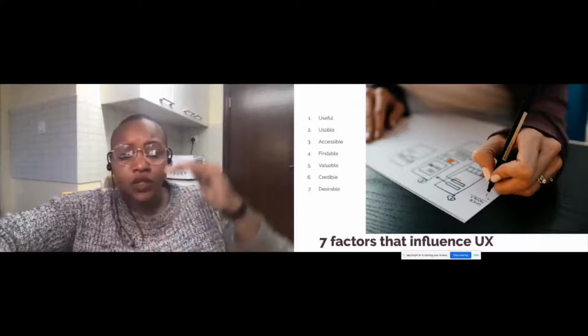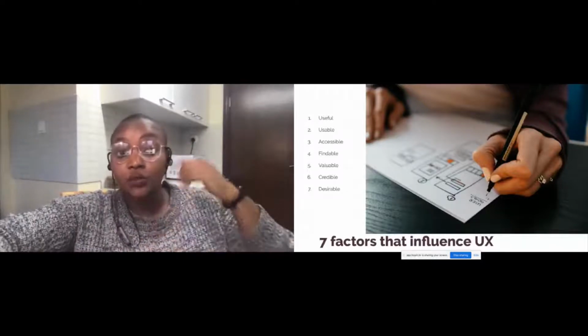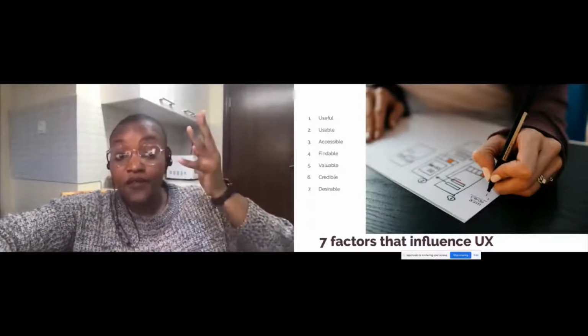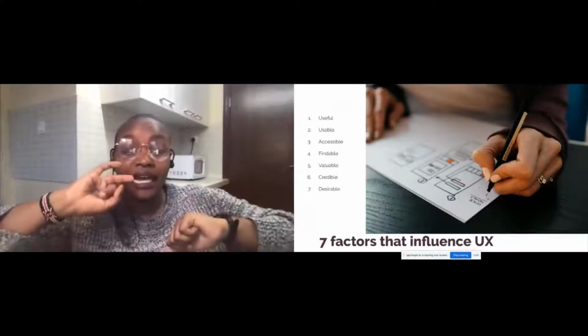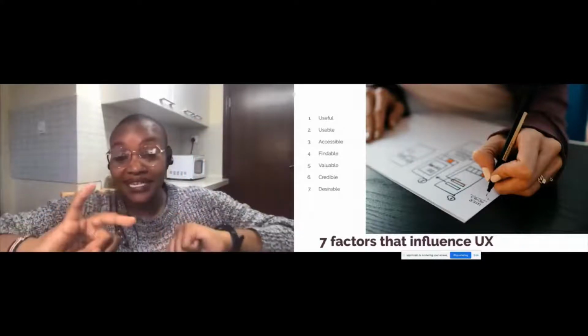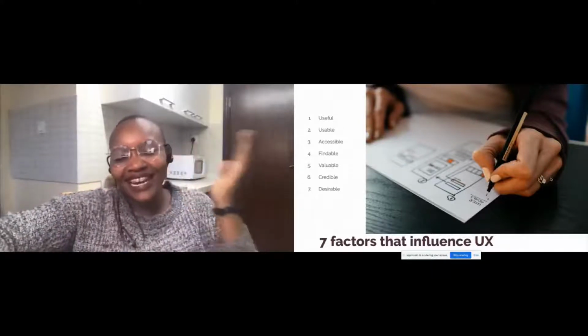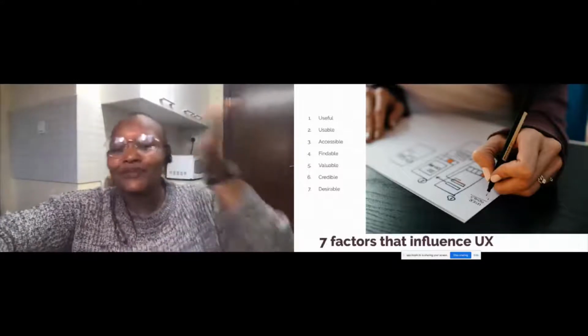All right. So the 7 factors we are going to look at for UX are: your product has to be usable, useful, accessible, findable, valuable, credible, and desirable, right? And I know it's a lot, right? 7, Miller's law. It's hard to remember. We can only remember 7 plus or minus 2.